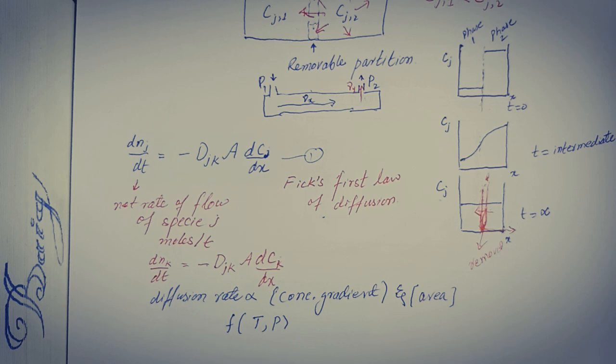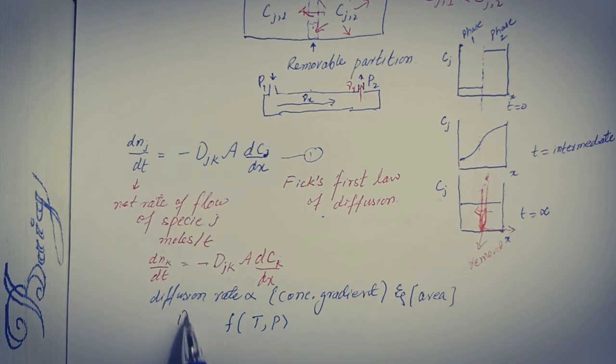So the diffusion coefficient is also a function of the local state of a system, thus it depends on the temperature and pressure, and the important variable was the concentration of the species I, that can be either J or K.